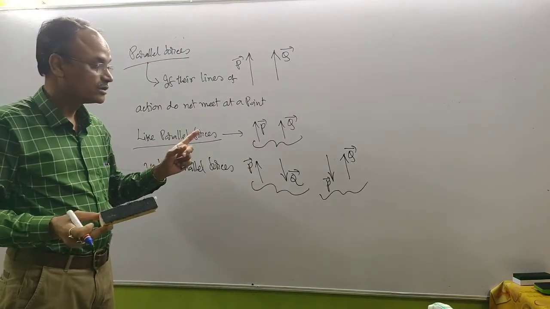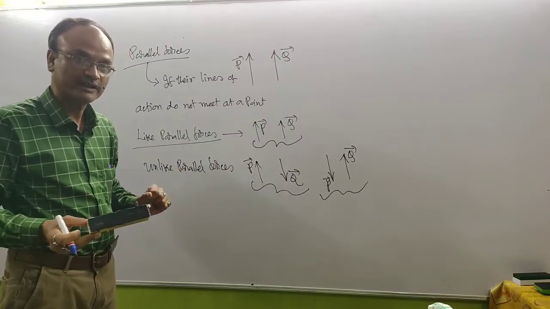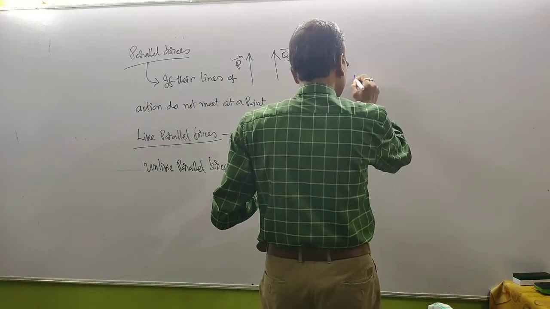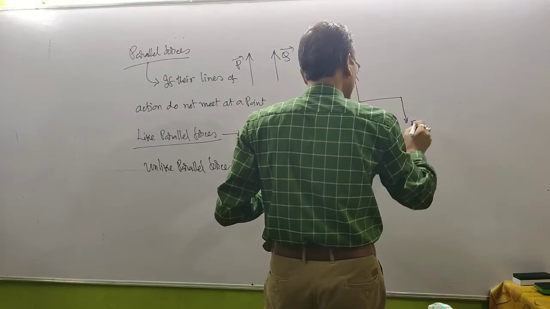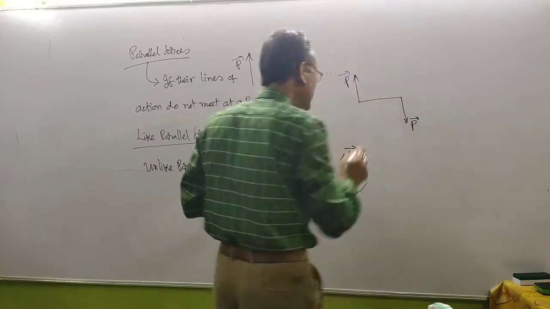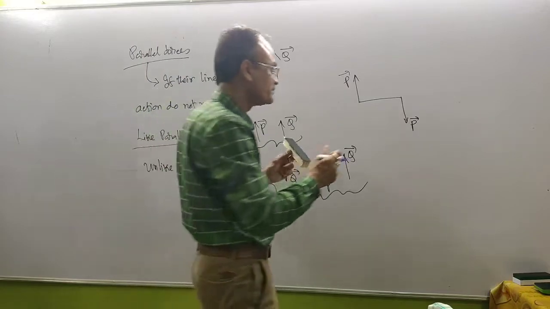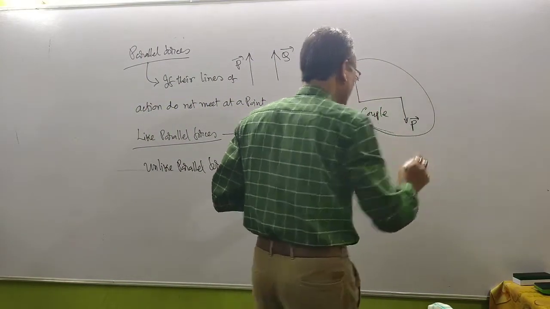You are to remember that for unlike parallel forces the two forces should not be equal. If they are equal, P equal to Q, then the two forces are said to form a couple. We will discuss about couple later on.